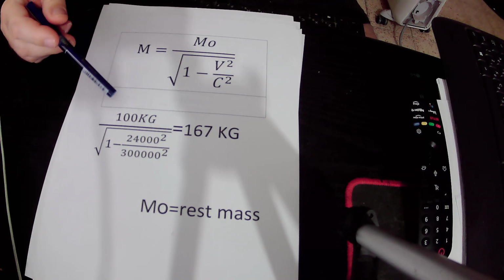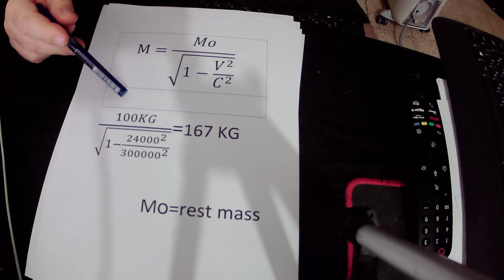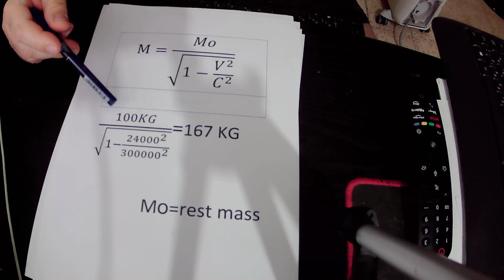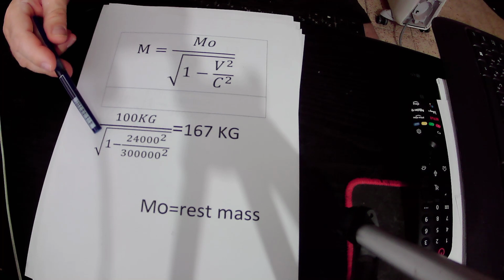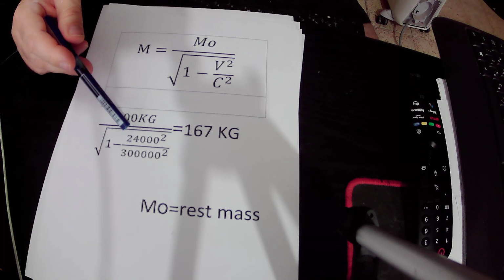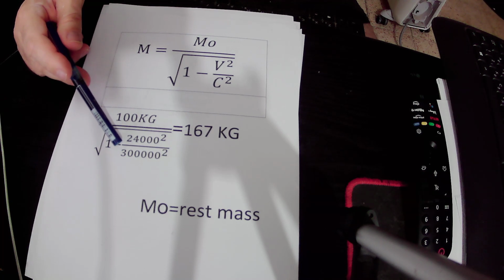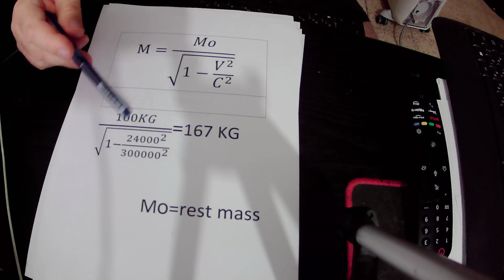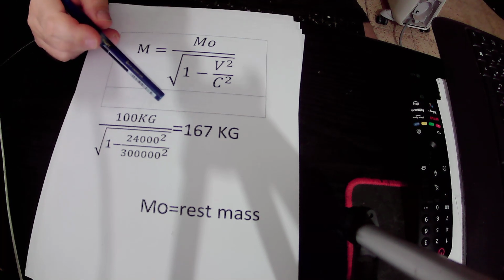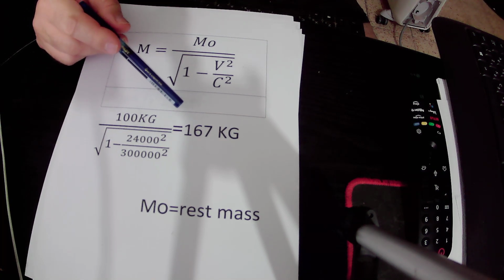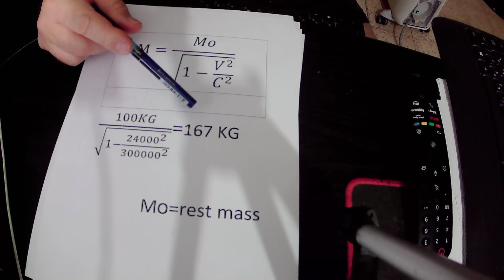So the mass will be his mass on Earth divided by the root of 1 minus 240,000 kilometers per second squared divided by the speed of light squared. And the final result is 167 kilograms.